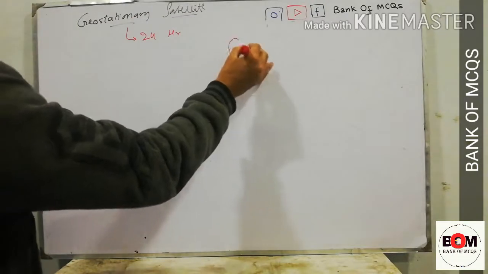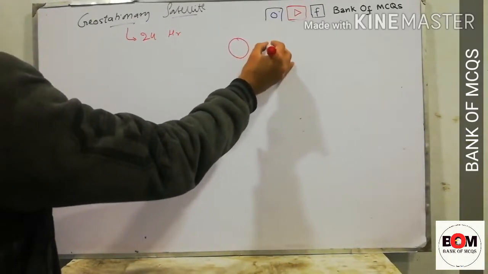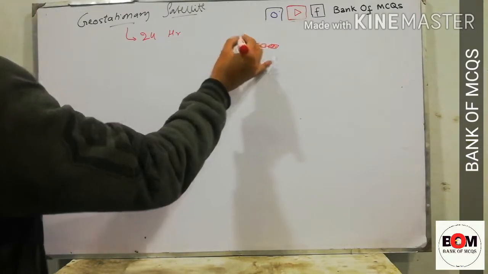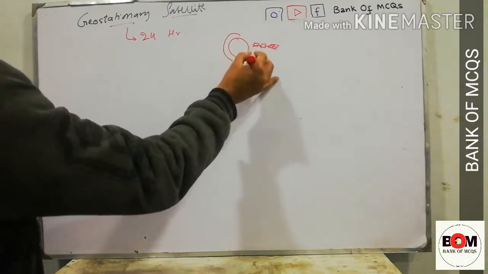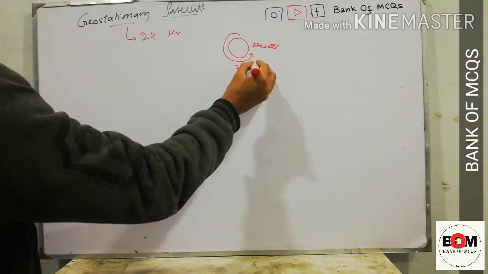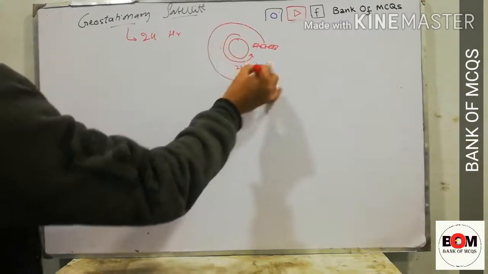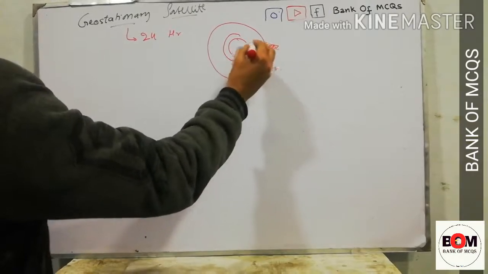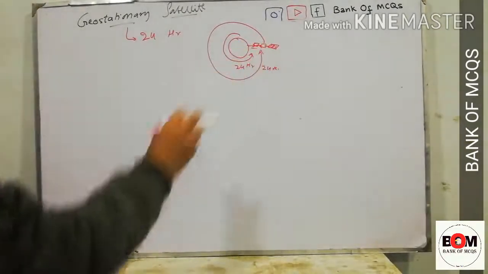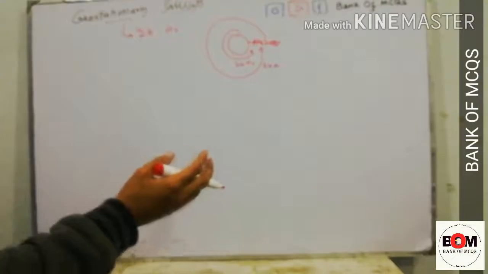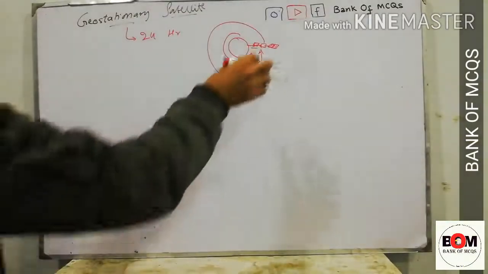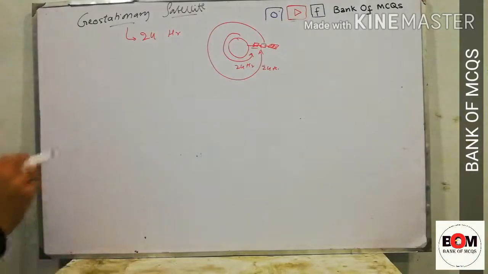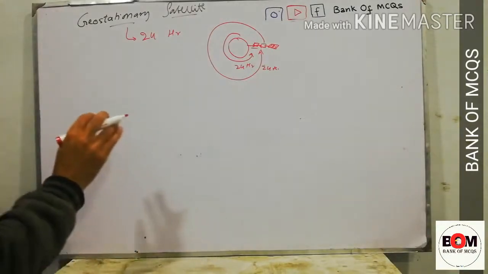So if this is the earth and this is the satellite, as the earth completes its one rotation in 24 hours, this satellite also completes one rotation in 24 hours. It may look like the satellite is stationary or at rest, but actually it is moving with the same speed as the earth. So this satellite is called a geostationary satellite.